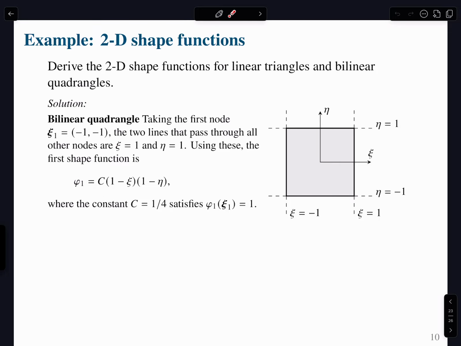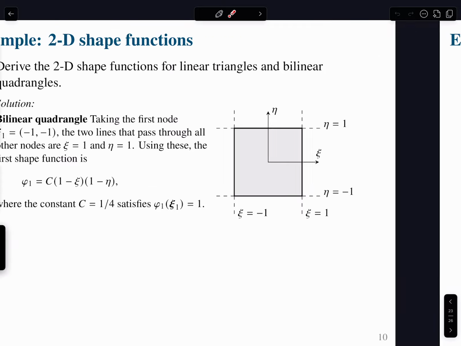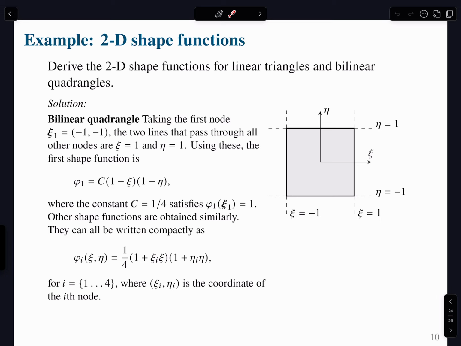And obviously, at every other node, that function is going to be equal to 0, right? All right, the same way we can also do the other shape functions. It's very straightforward. So when I'm here, I have to take a look at this line and that line. And then when I'm here, I have to look at this line and that line. And finally, when I'm here, I have to look at this line and that line. And then we get this compact form.